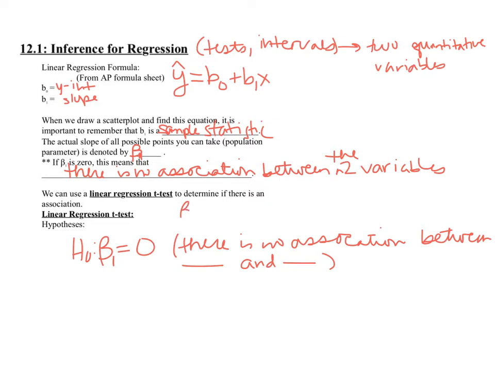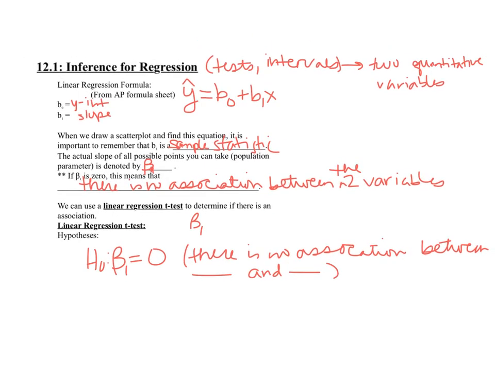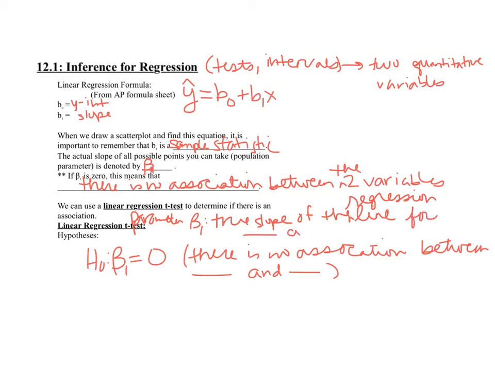If you decide to define the parameter, you would do something along the lines of beta sub 1 is the true slope of the regression line for whatever your two variables are. Make sure that you talk about it in the context of the problem.